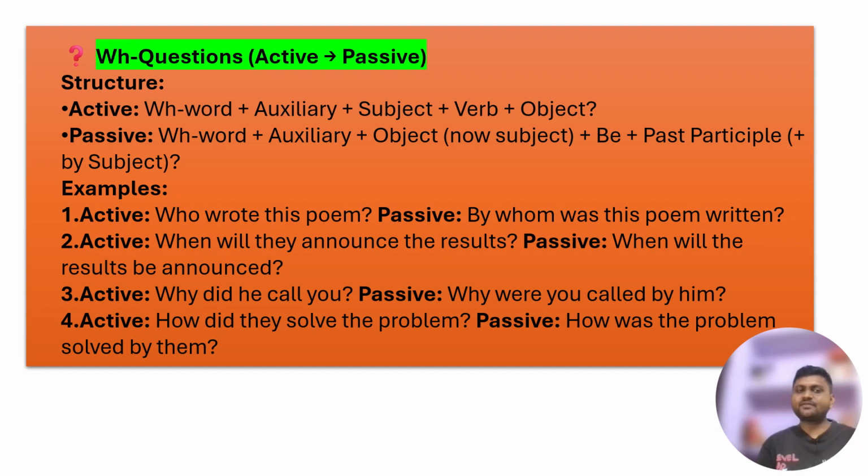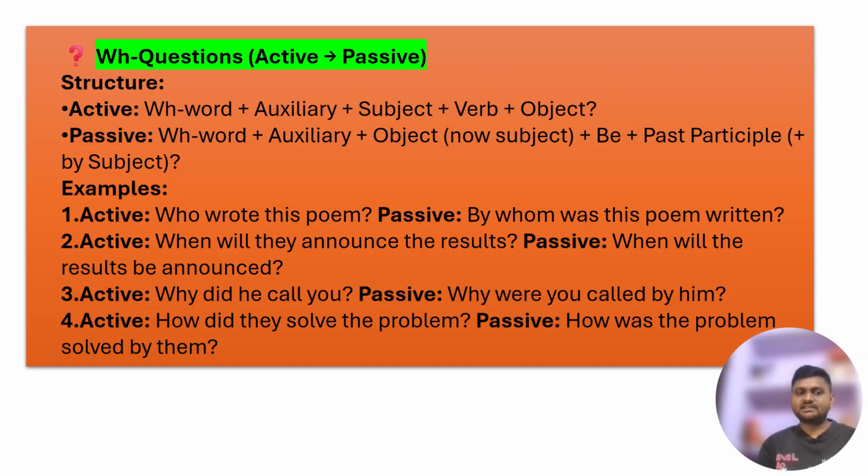And the passive of that sentence would be WH word plus auxiliary verb plus object, which was earlier the subject in active voice, plus be plus verb third form or past participle, and at last the subject of the active sentence.